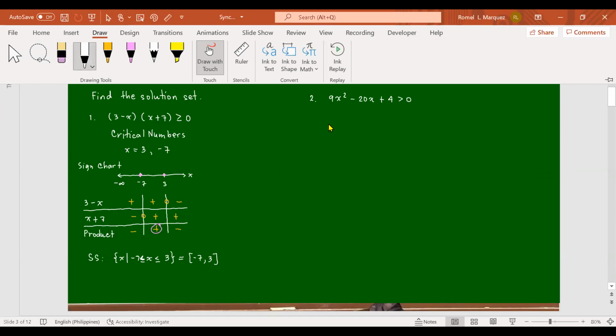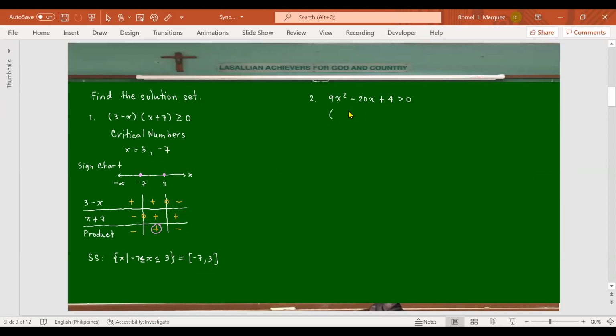What about the second one? This is factorable. 9x squared minus 20x plus 4 is factorable into 9x minus 2 times x minus 2. So what about the critical numbers? 2 over 9 and 2.